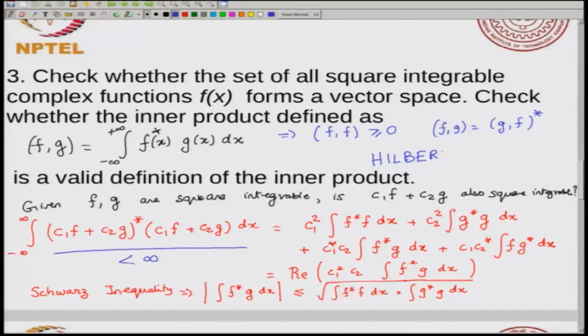This space is called a Hilbert space, and this is the vector space in which the entire mathematics of quantum mechanics is performed. So, your entire mathematical aspect of quantum mechanics works on this Hilbert space, which is not quite a real inner product space, but it is a complex inner product space. Okay.